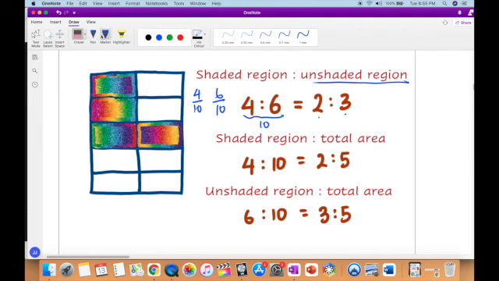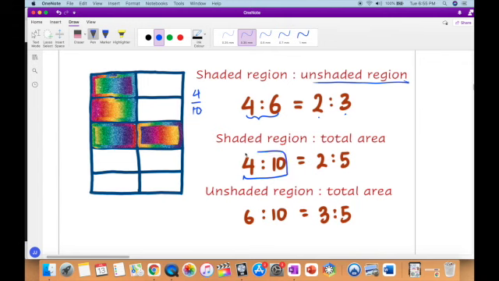So there are many ways we could think about this ratios thing. When we have the shaded region to the total area and the unshaded region to the total area, that is what I was just talking about. Because we see here that 4 and 6 is 10 blocks. So there are 4 out of 10 shaded blocks.